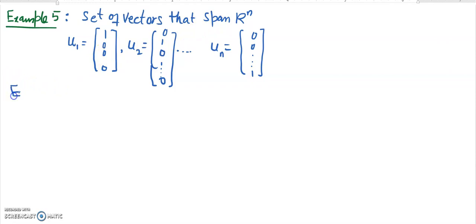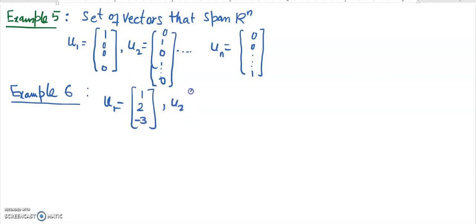Okay, next example is example 6. In this case, we have 3 vectors: u1 is 1, 2, -3; u2 is 0, h, 1; and u3 is -3, 2, 1.